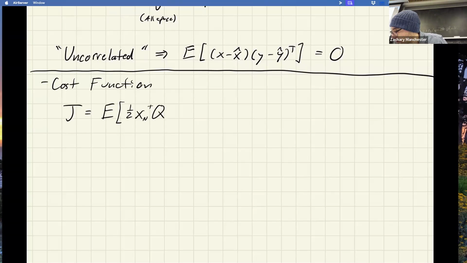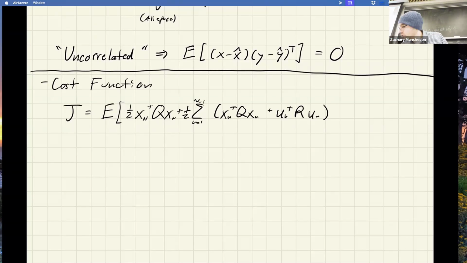I'll write the terminal cost first, and then the usual sum over time steps. For convenience, I'll put the 1/2 out front, and then it's x transpose, the usual LQR thing.